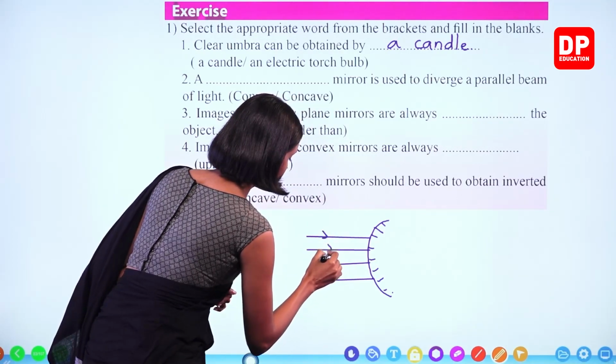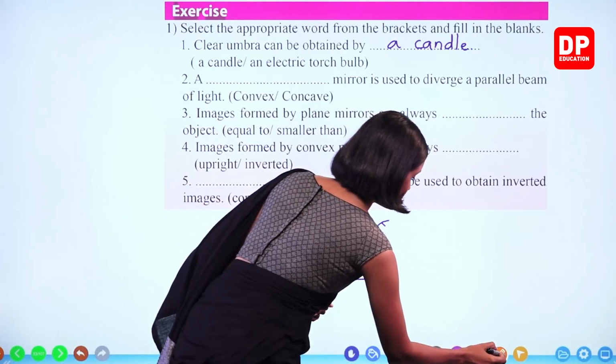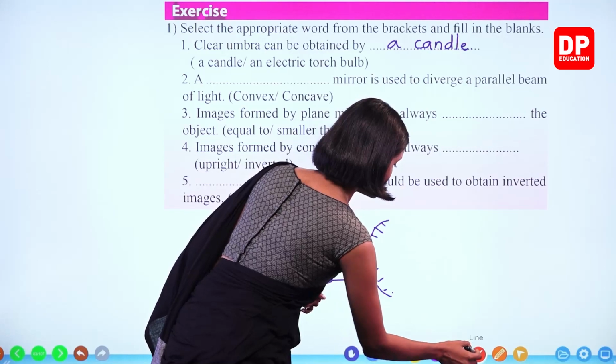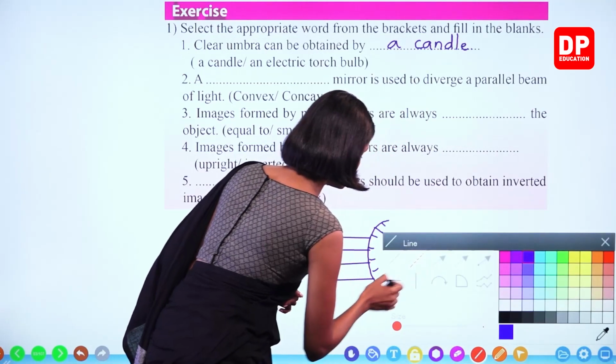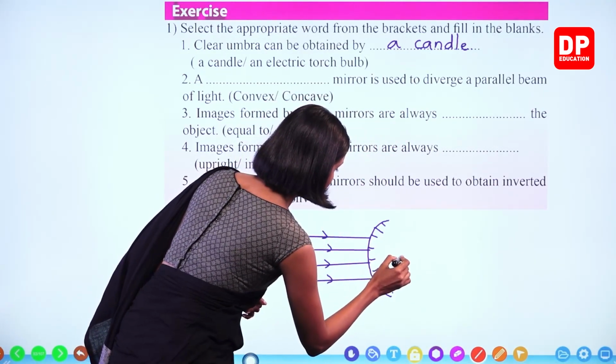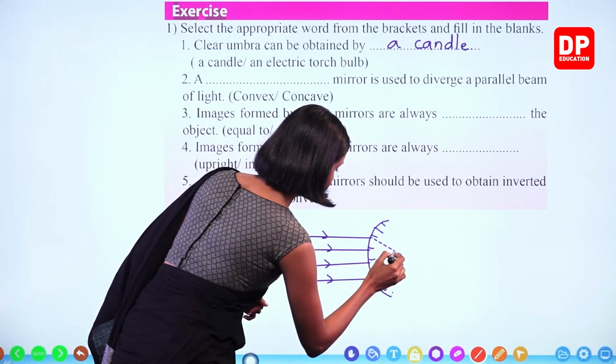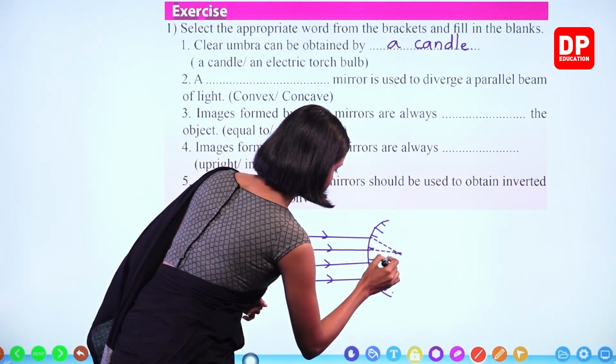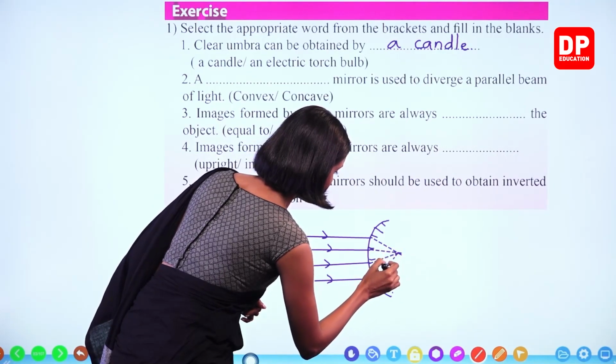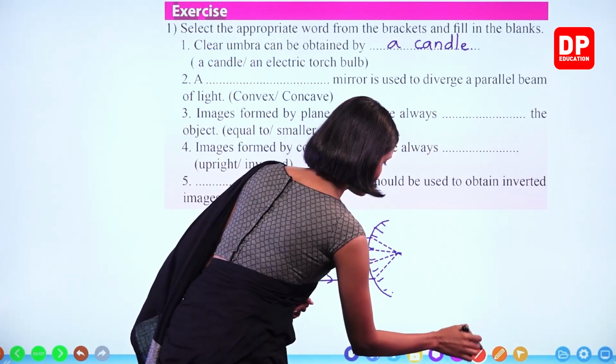Right? I told you all, when we draw this diagram, you have to draw it with the dotted line, and then you have to extend the lines.